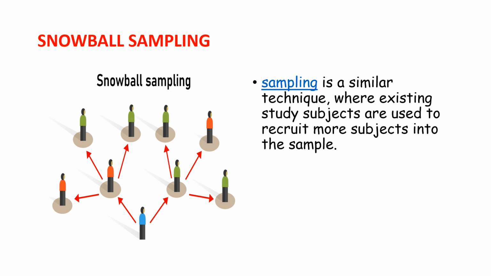Maybe those I don't know directly, but because they are familiar with the girl whom I had sent, they come to me. And eventually, when these girls come to me, I tell them to bring some more. And they bring more. So this way the snowball is rolling, and as it rolls, the sample size is increasing.